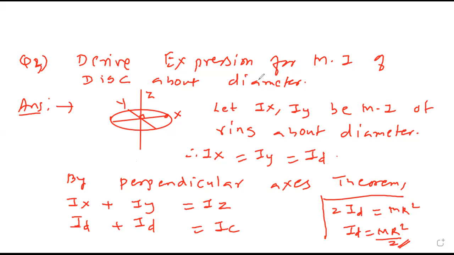Third one, right? Derive expression for moment of inertia of disk about diameter. Same thing with small changes. Draw the diagram again. Same way. Let Ix, Iy be moment of inertia of disk about diameter.